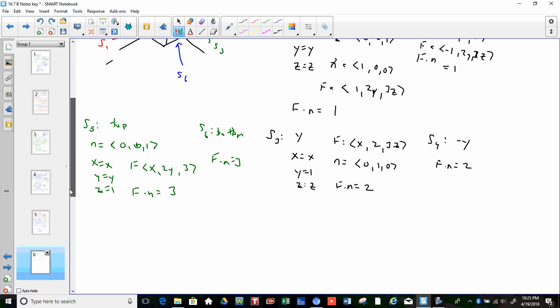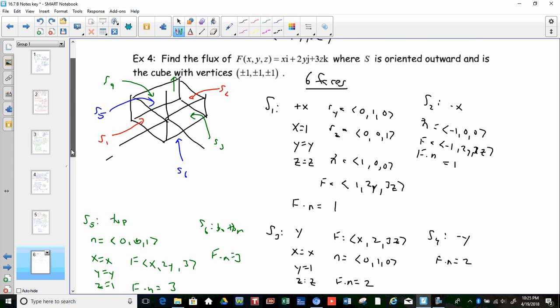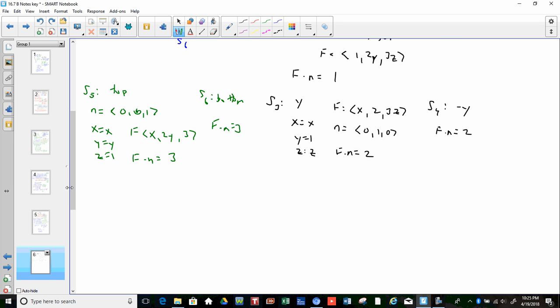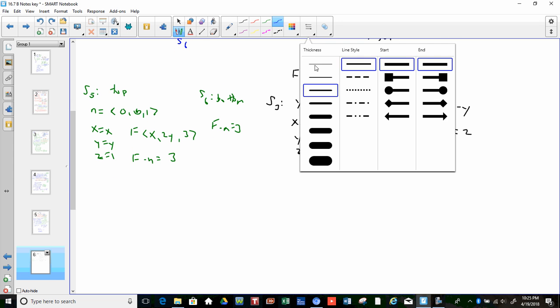So now if we want to integrate these things to figure out our actual flux, now that we have f dot n, let's go back to the idea of S1 here.